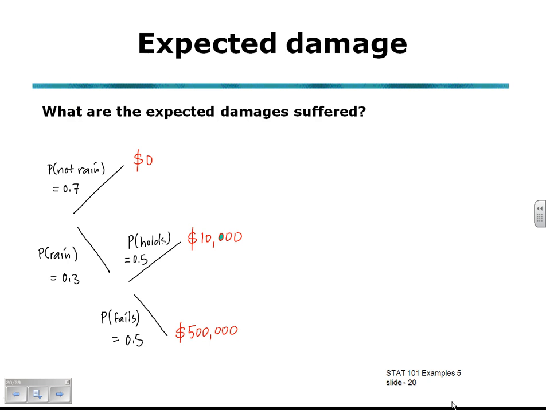Defining our random variable x in this case as the amount of damage suffered. Random variable x, let x be the amount of damage suffered.